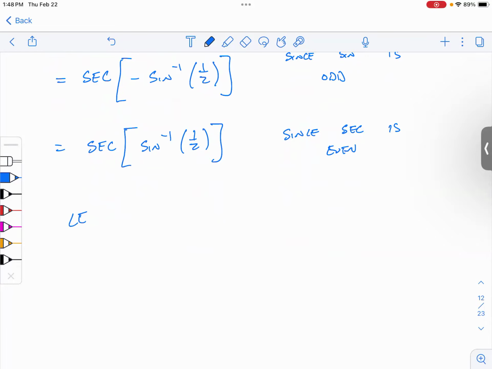Once again, then let's take the inside. Let theta equal sine inverse of 1/2. Now everything's positive and beautiful. Take the sine of both sides.